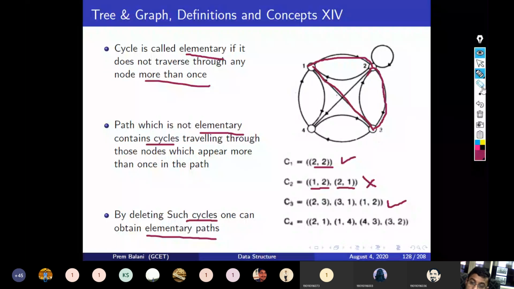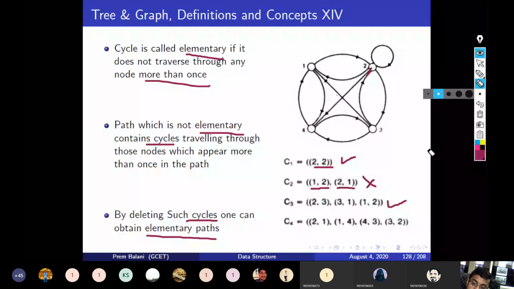Now what about this one? 2 to 1, 1 to 4, 4 to 3 and 3 to 2. So 2, 1, 4, 3 and 2. So this is also an elementary cycle.